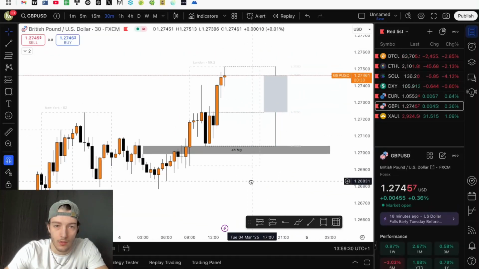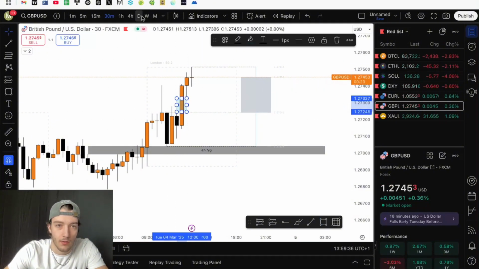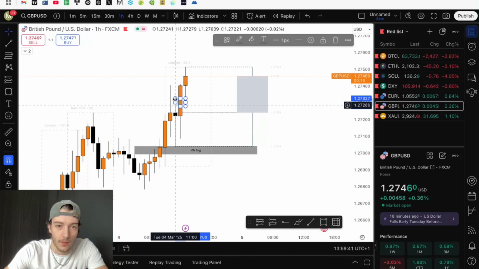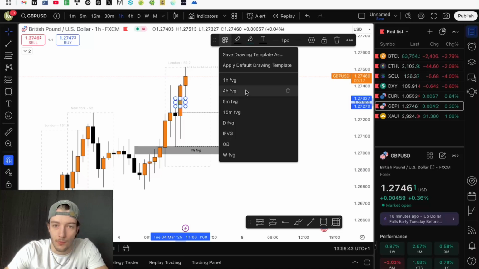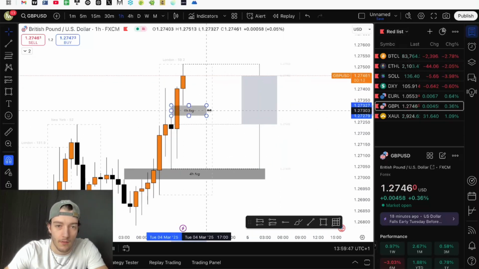On GU, similar thing. I would say we have this 30-minute fair gap, but also do we have a 1 hour? Yes, we do have this 1 hour fair gap here that we are currently forming, and it's gonna close in 15 seconds. Very nice.